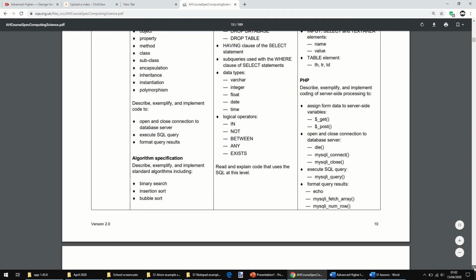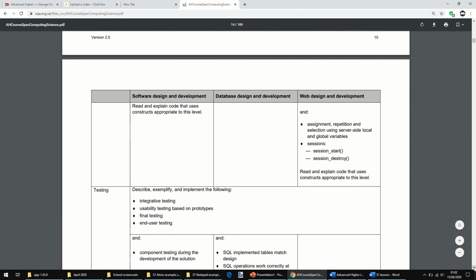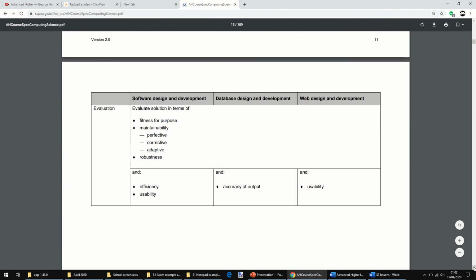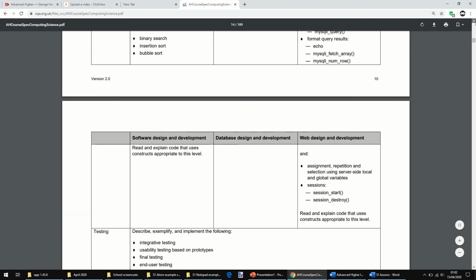I'm not going to look at the web just now because we're not doing that for ages. The hardest thing in databases is definitely the SQL stuff, and specifically the stuff we do near the end.